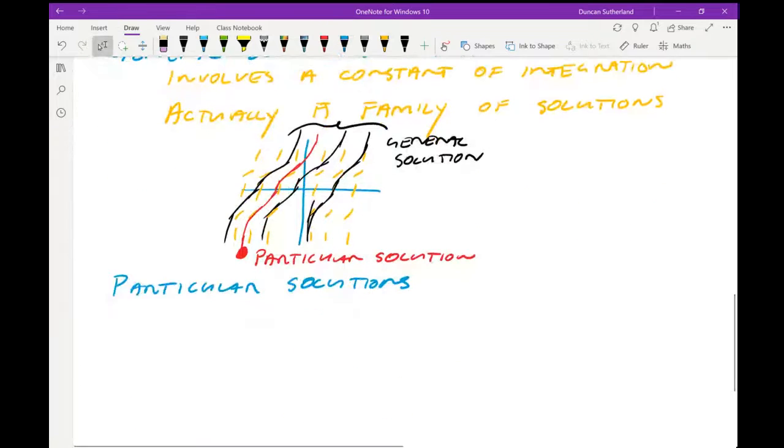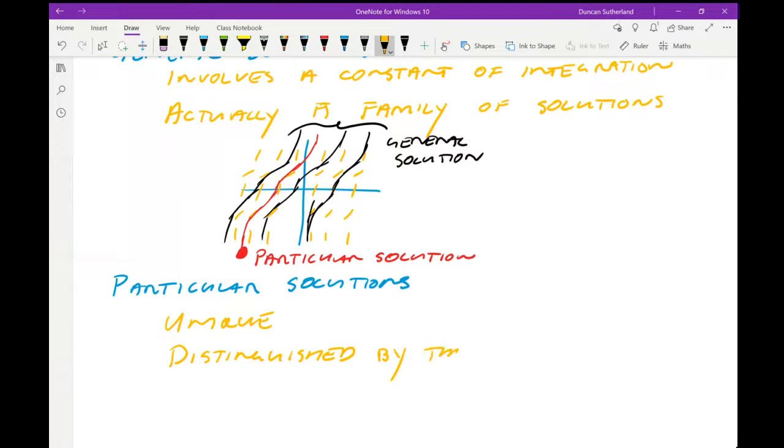And we noted that particular solutions are unique, distinguished by the initial condition. So you actually require an initial condition.